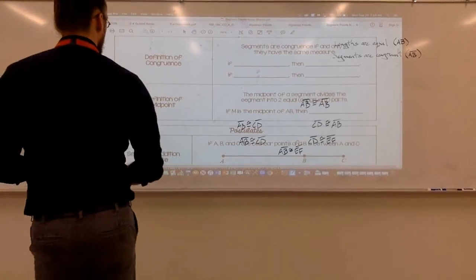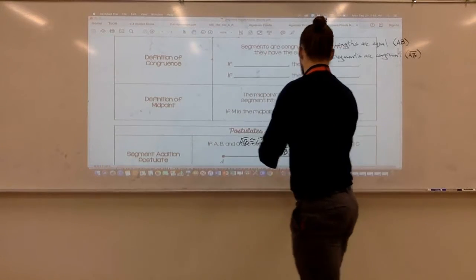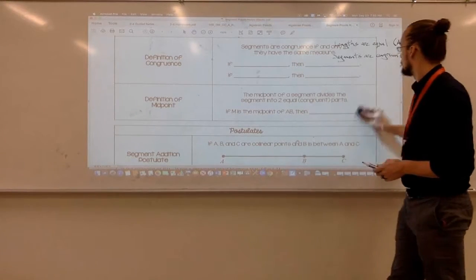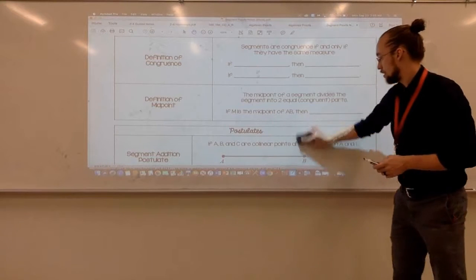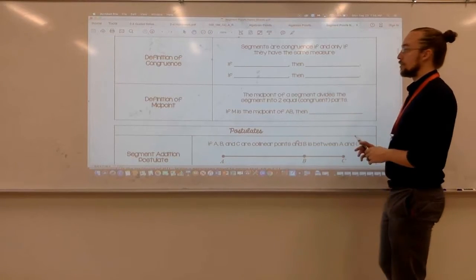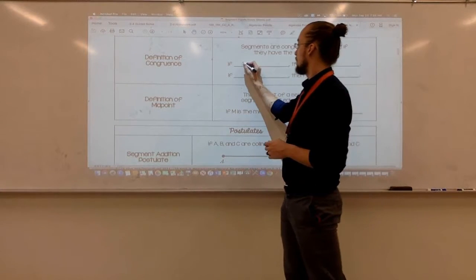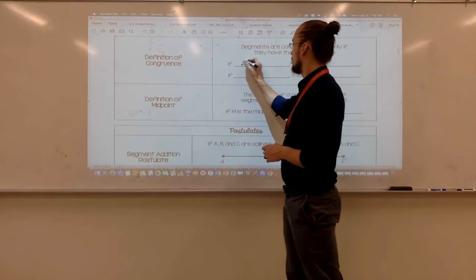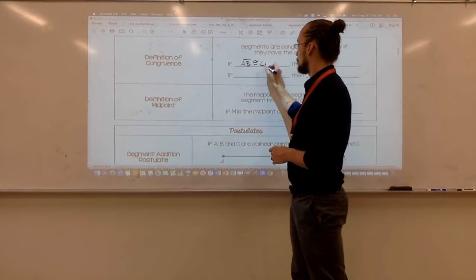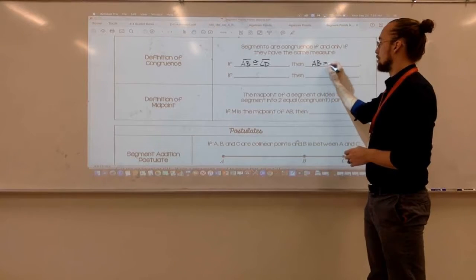All right, so we've got a couple of definitions that we are going to use then. First, our definition of congruence. I can say that segments are congruent if and only if they have the same measure. So I can say if two segments are congruent to each other, then their lengths are equal.